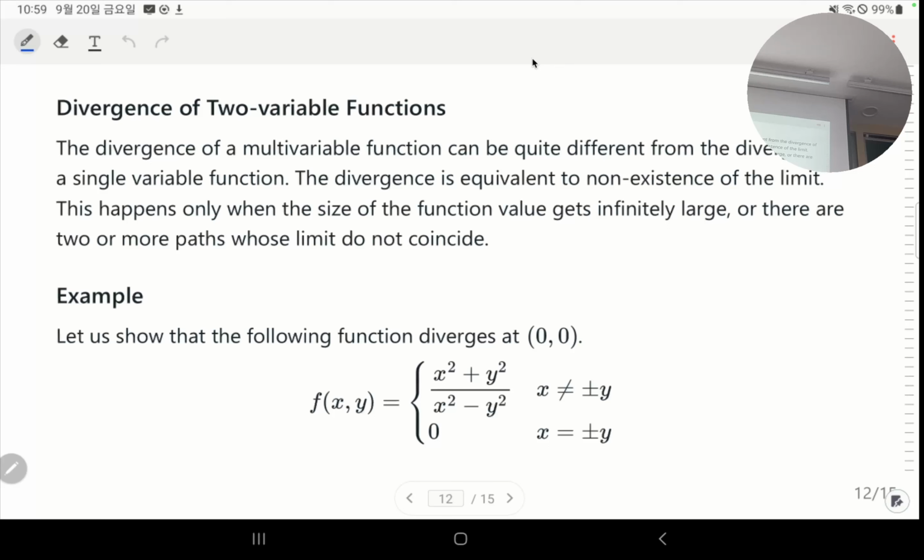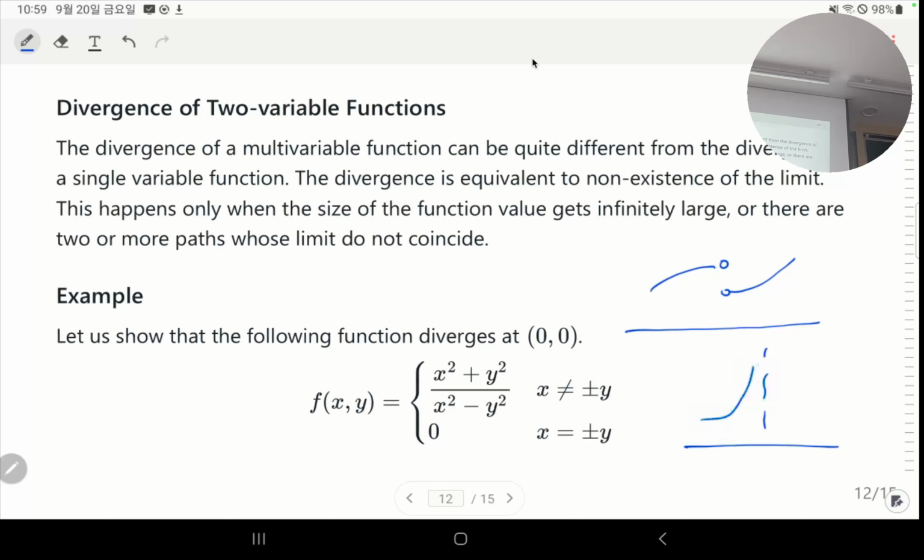In the single variable case, one of the first divergent types is that if the function is not defined, then it's not converging, right? So simply not defined is a problem. If you have a left and right limit not equal, that's one of the divergences. And if your function value is diverging to infinity or negative infinity, that's another type of divergence.